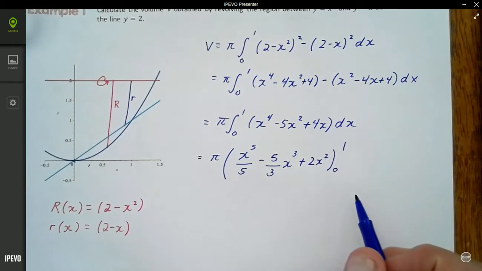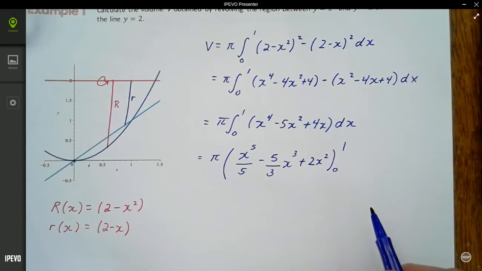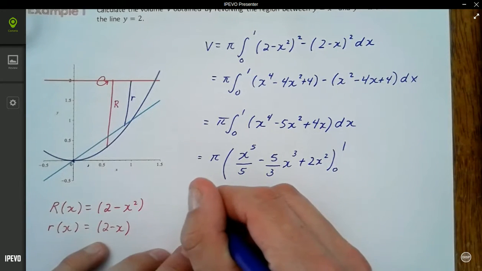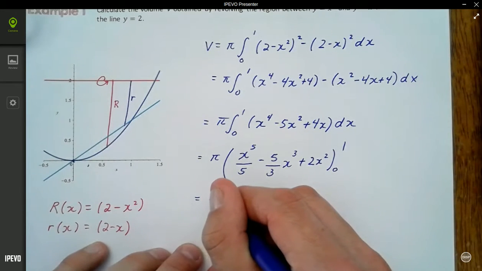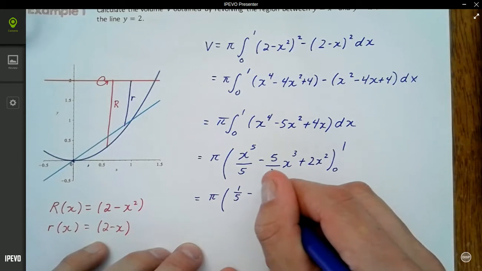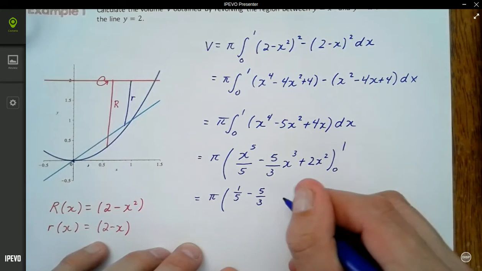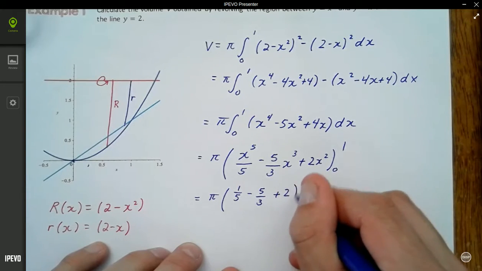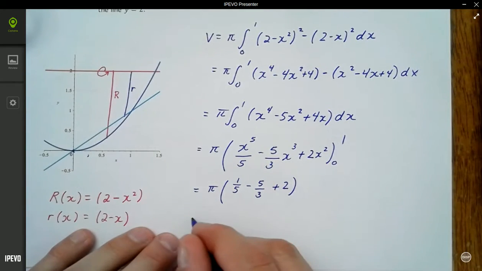I don't have to plug 0 in because that's just going to be 0. Now I can plug in my values, and I get pi times 1/5 minus 5/3 plus 2. I can simplify that even further.